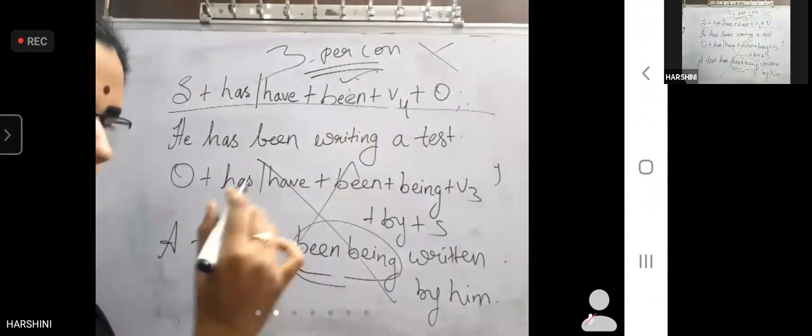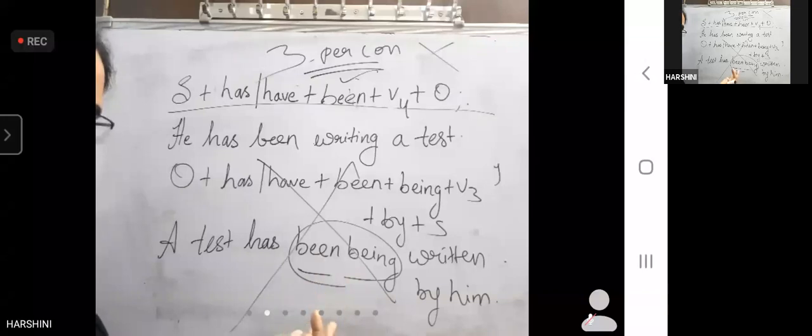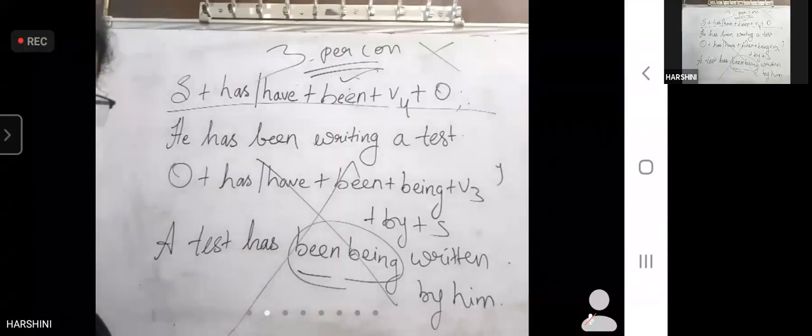Even future continuous doesn't have passive voice. So totally 4 tenses don't have passive voice. Only 8 tenses: simple present, simple past, simple future, present continuous, past continuous, present perfect, past perfect, future perfect. Only these are the tenses which have the passive voice. Okay, clear?